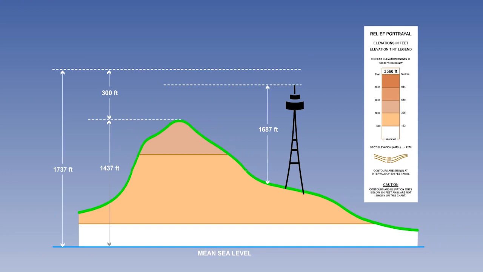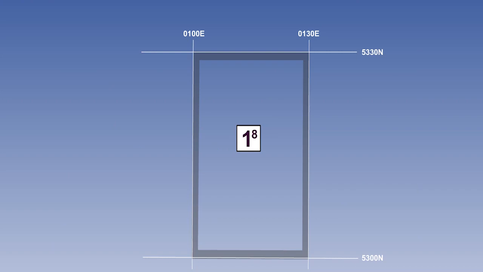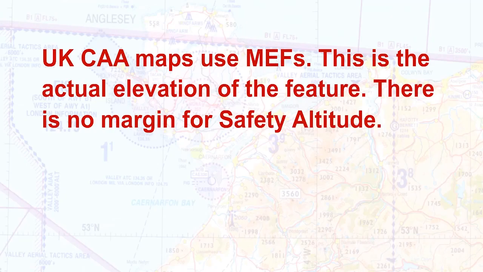But if we add a 300 feet safety margin to the hill, in case of unknown obstructions, this gives us a figure of 1737 feet. We now round up to the next 100 to make it 1800 feet. What happens now depends on whether the map shows maximum elevation figures or minimum safety altitudes. The figure we have arrived at is the maximum elevation figure.